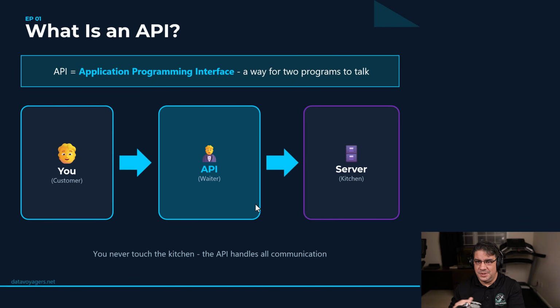Okay. That's pretty much what an API does. So you have those layers, right? You have the client, you have the API, and then you have the server. That's a good analogy. You never touch the kitchen, so you don't know what's going on there. You just receive whatever you have ordered. Sometimes you don't, but not for APIs. You always get what you ask, okay?